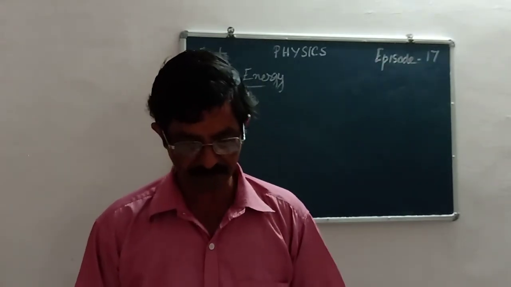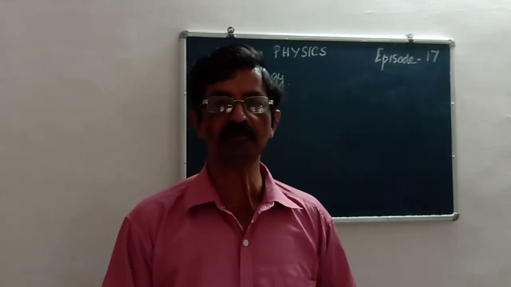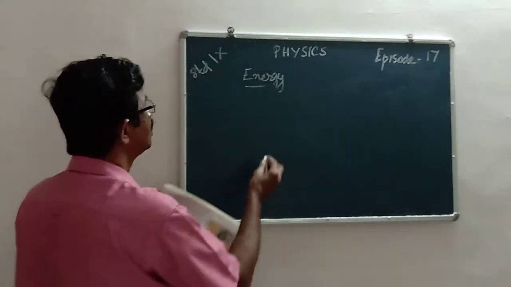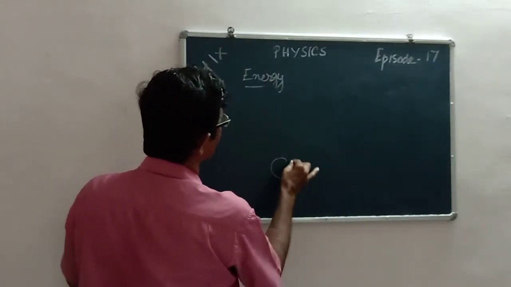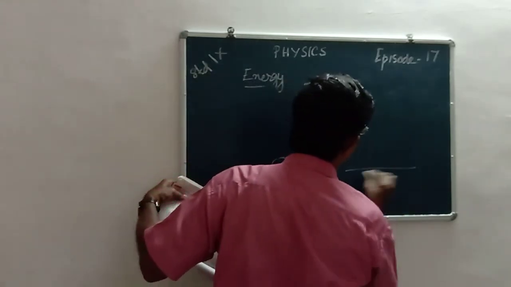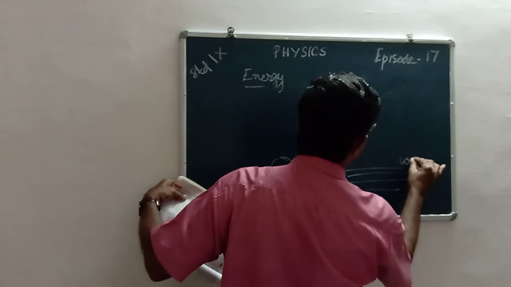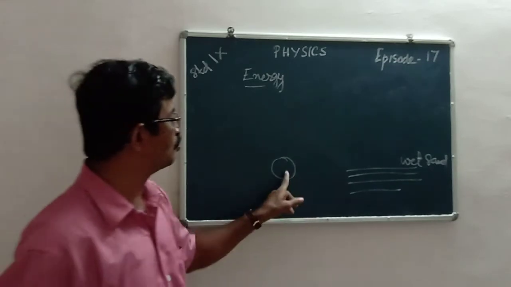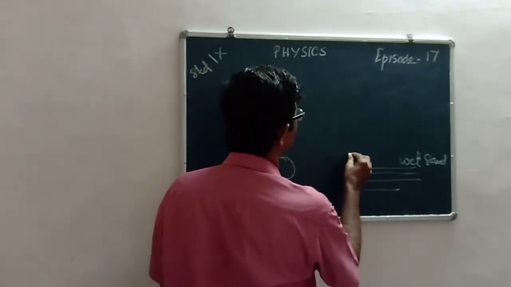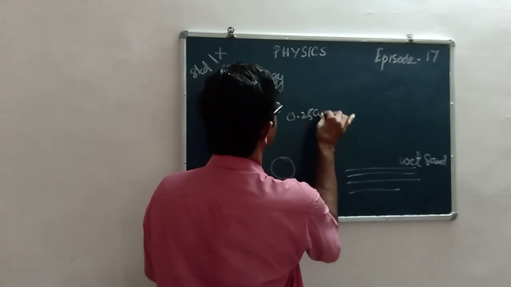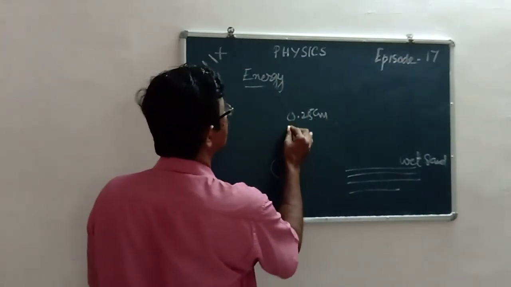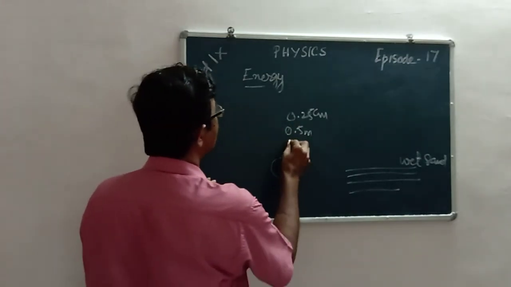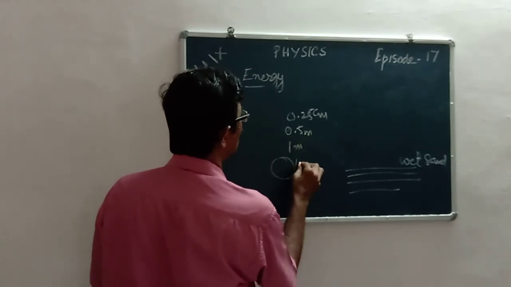Take a heavy ball, that means a massive ball, and drop it in a thick bed of wet sand. You drop this ball at first at a height of 0.25 meter, then from a height of 0.5 meter or 50 centimeter, then at a height of 1 meter, then 1.5 meter.